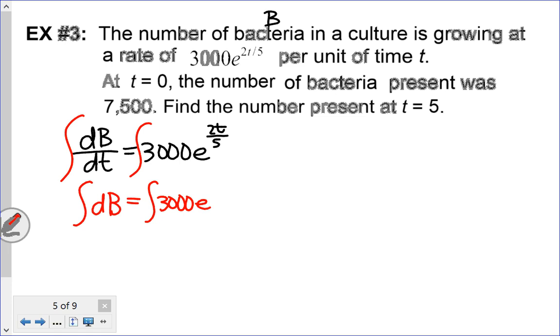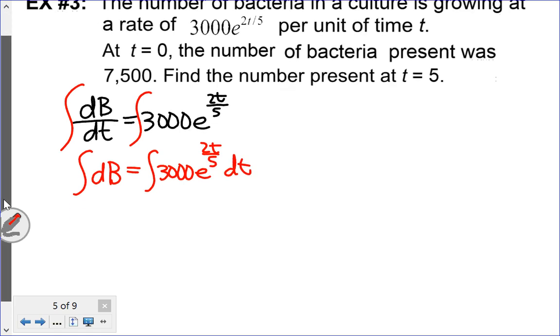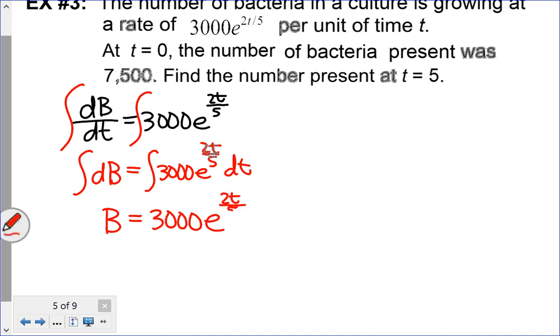Then we get just B. So B is going to equal the integral when you do this integration. Remember, leave the constant alone. E, when you integrate it or take the derivative, you just get the same thing. If I were doing a derivative, I would multiply by the 2/5, the derivative of the inside.